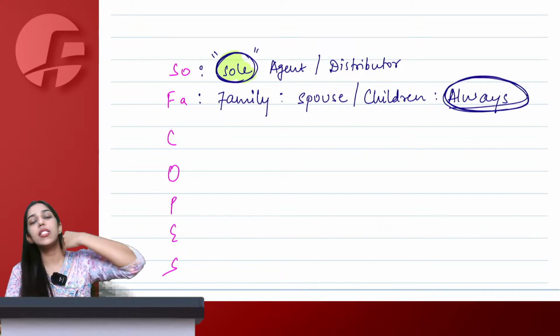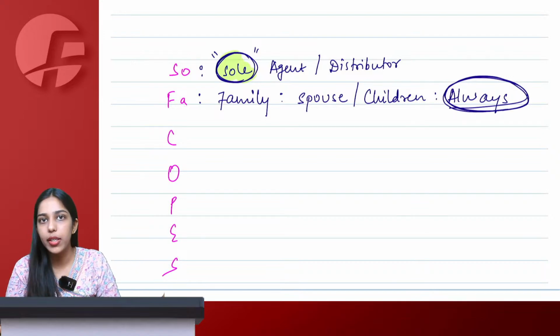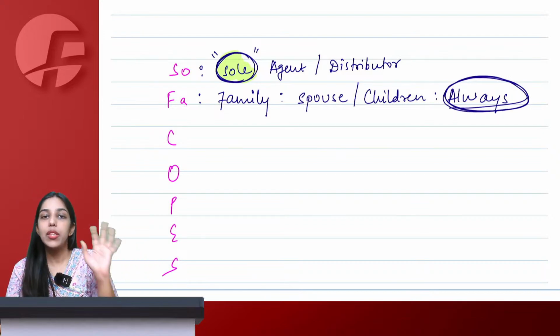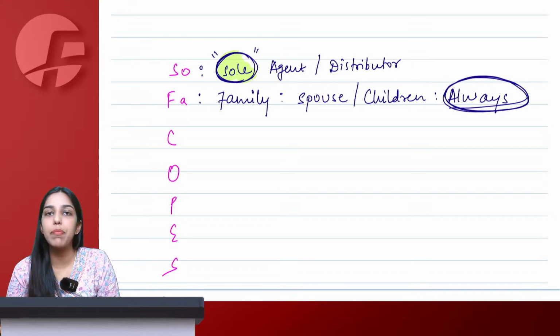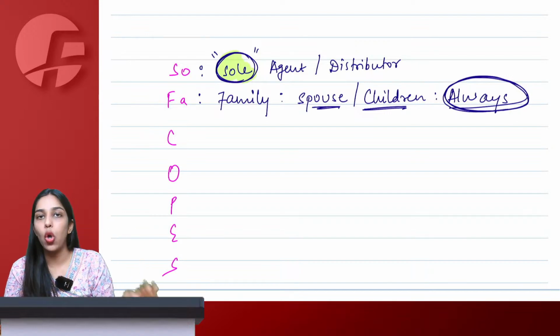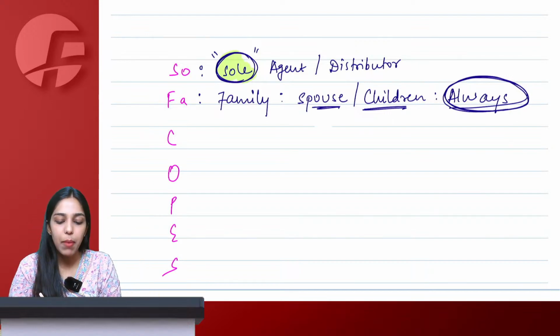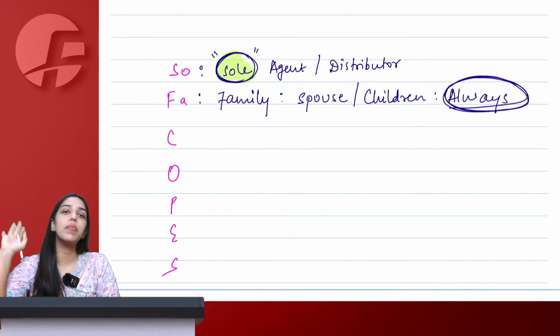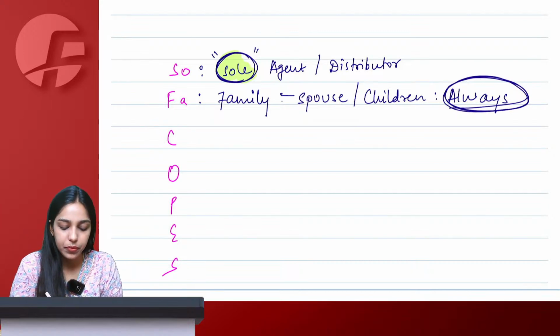If my spouse is independent, earning on his own, then also just because he is my spouse, he will be considered as my related person. So spouse and children will always be your related person.